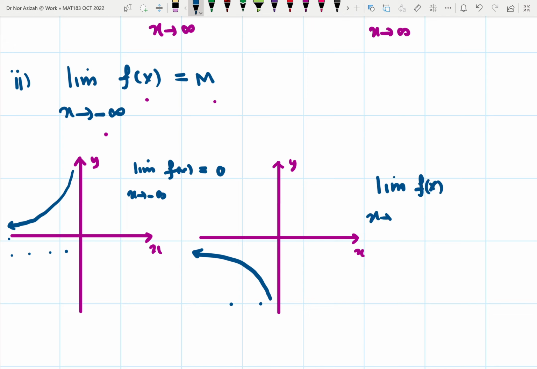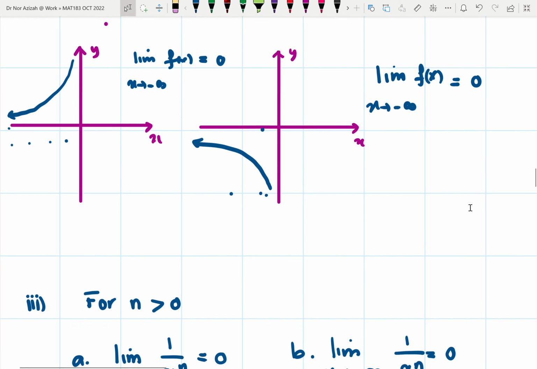X goes to negative infinity. Even if it comes from below, the y value will go close to 0. So the answer is 0. Okay, this is like we just substitute in, and see what value we get, based on the graph. If based on the function, you need to analyze the function first.